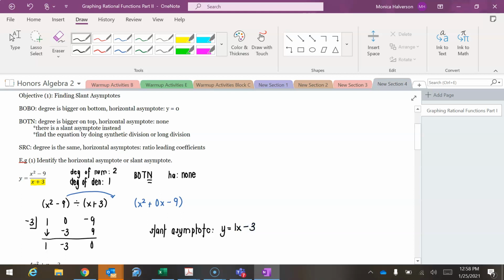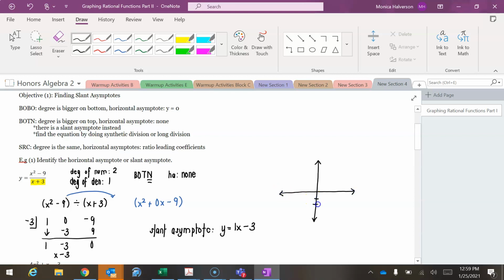Remember, our quotient is one power less than our dividend. The power in our dividend is 2, so our quotient has x to the first minus 3. If you were to graph that, it is the graph of a basic line. So we would graph our slant asymptote.